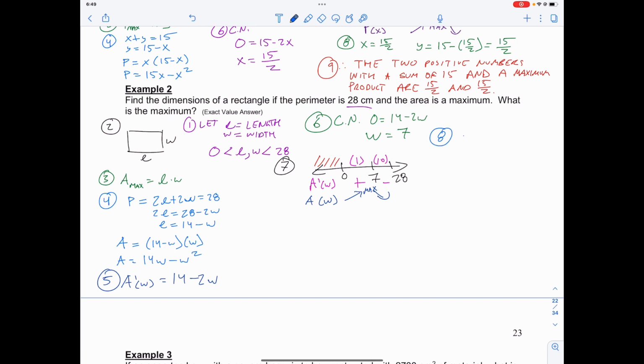So that means at the max, W is equal to 7 centimeters, and L is going to equal 14 minus W, or 14 minus 7, which is also going to be 7 centimeters. Therefore, when it says what is the maximum area, it is going to be 7 times 7, which is 49 centimeters squared.